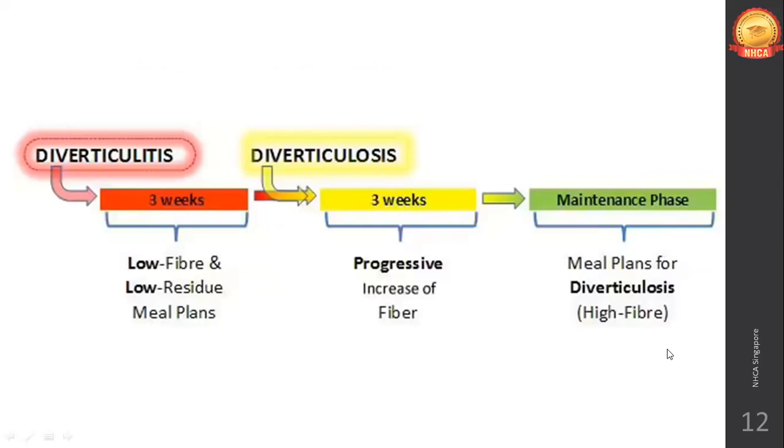A high fiber meal plan has to be followed. But when it is in the diverticulitis state, you have to use medication. Sometimes surgical interventions will be done to take the patient out of the diverticulitis situation. The outpouches may still be there, which can be ligated or left as they are. But with an increase in fiber in the diet, you can go into the maintenance phase.